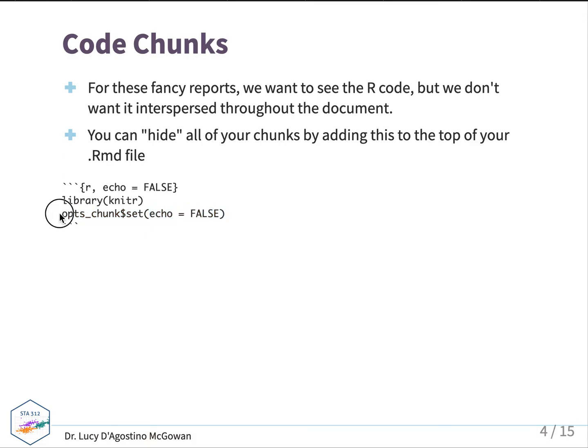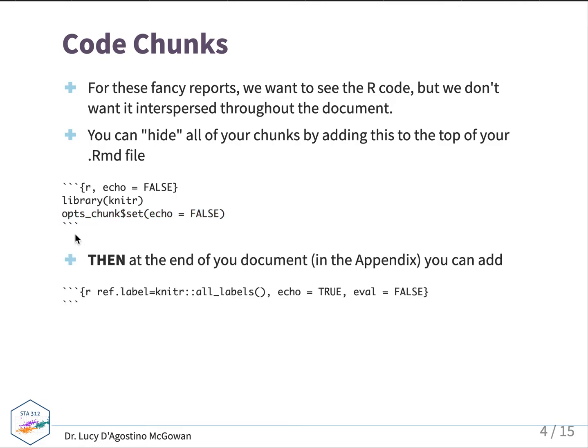What that's doing is setting the chunk options for every single subsequent chunk to be echo equals false. So instead of having to write this in all of the subsequent chunks, you're doing a shortcut where you're writing it here. What that's going to do is suppress the printing of all of the chunks that run after this chunk here. So that's going to make all of those chunks get hidden. And then we want one more step.